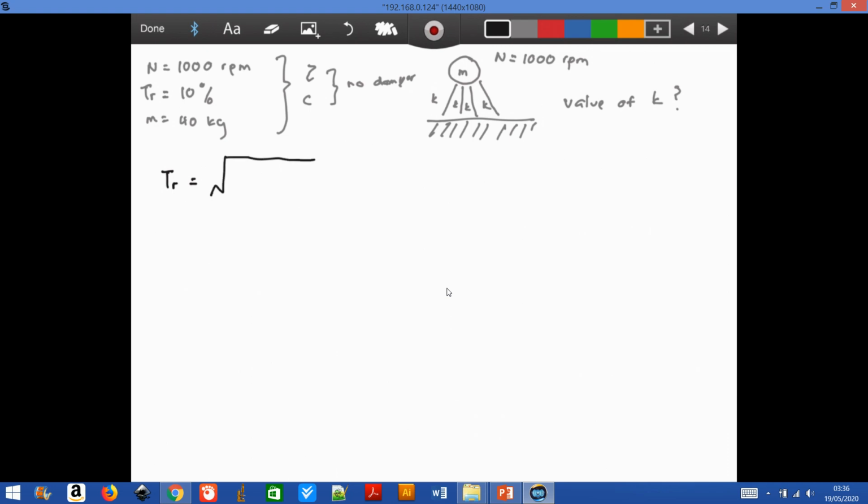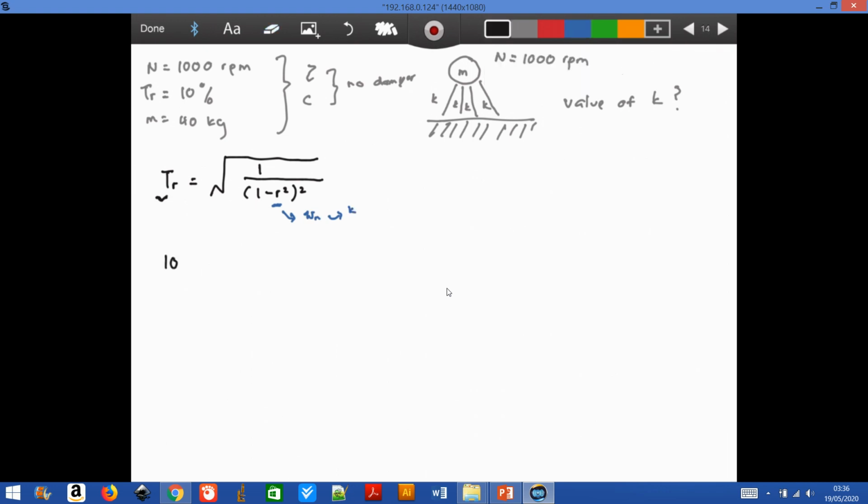Because there is no damper, the equation becomes 1 over the square root of (1 minus r squared) to the power of 2. We already have the transmissibility ratio, and what we need to find is r, so that from r we can get omega n, and from omega n we can get the k.